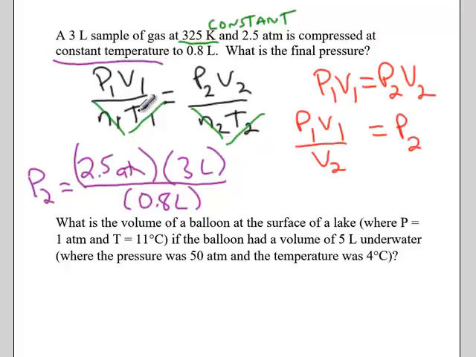I'm at constant temperature, so I know my T's are canceling out. I check my units, liter cancels liter, and I'm left with an answer of 9.4 atmospheres.